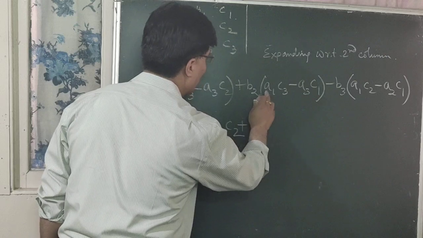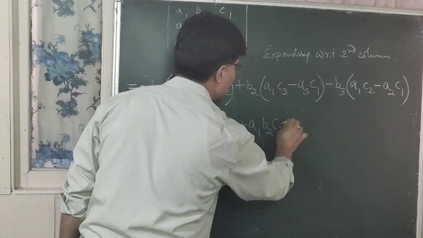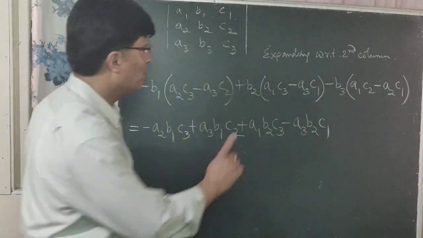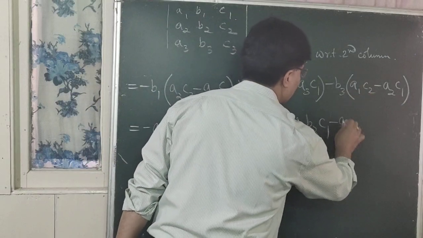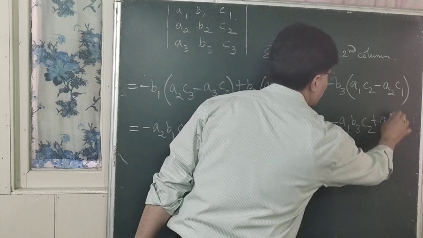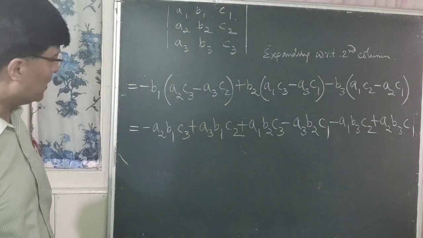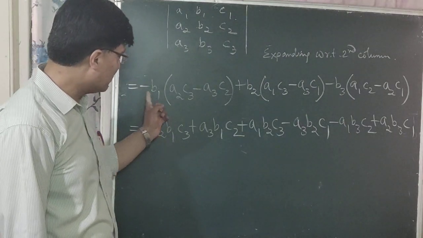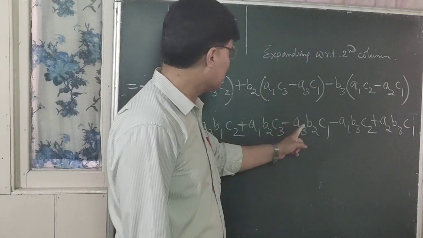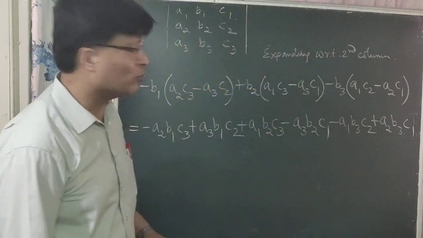Plus A1 B2 C3, A1 B2 C3 plus minus minus A3 B2 C1, minus B3 ले multiply गर A1 B3 C2 minus plus A2 B3 C1. So this is the expansion. Take sign right? Product check करो: minus A2 B1 C3 plus A3 B1 C2 plus A1 B2 C3 minus A3 B2 C1 minus A1 B3 C2 plus A2 B3 C1.